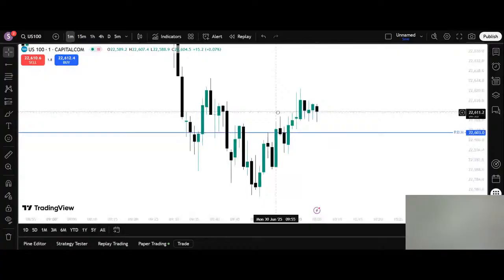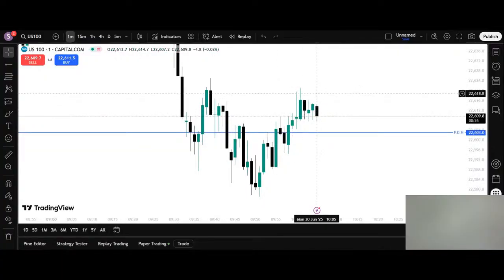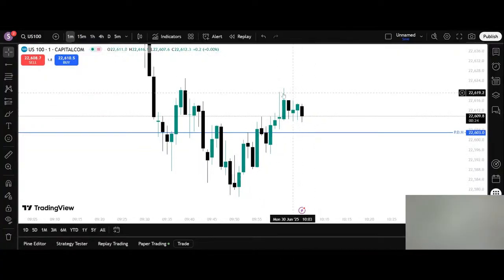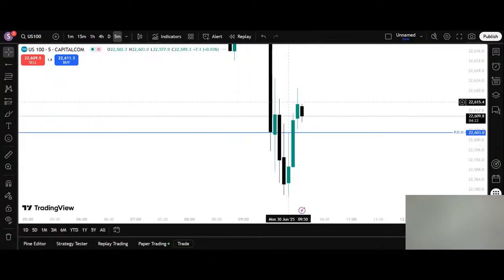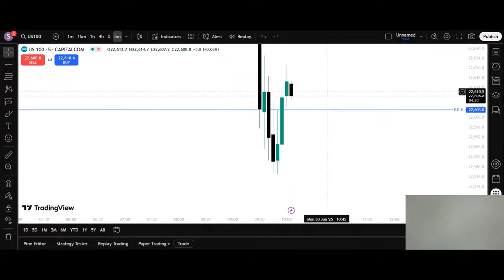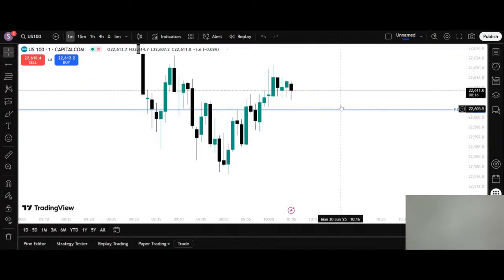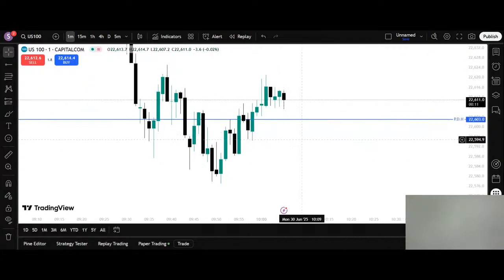Price seems a little slow now. Let's take a look at the 5 minute. I ideally would like to take a sell below this previous day high.